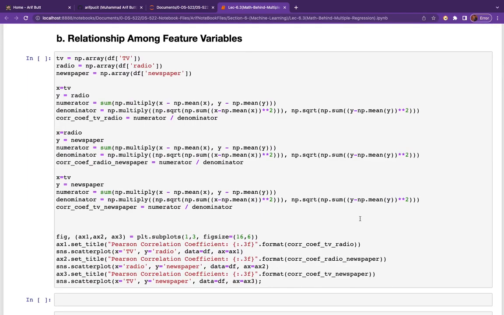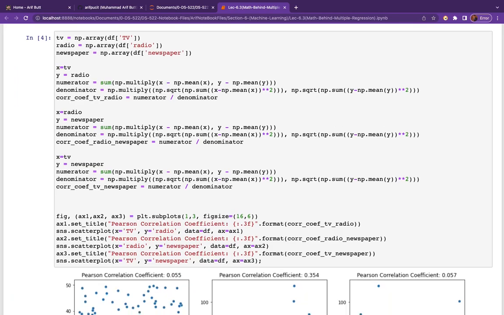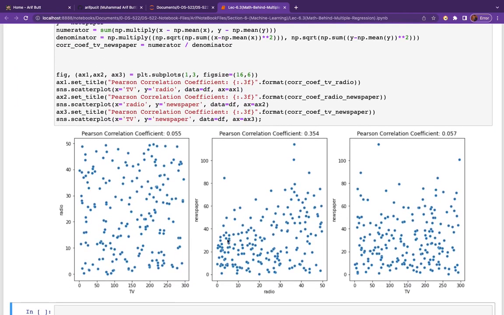Now let us check out that the feature variables should not be correlated with each other, and this can of course be done by drawing three scatter plots among the three input or feature variables. And this is more or less the same piece of code that does this job. Let me execute this. And these are the three graphs. Between the TV and radio, this left graph, totally random. And this rightmost graph between TV and newspaper, they are also not correlated.